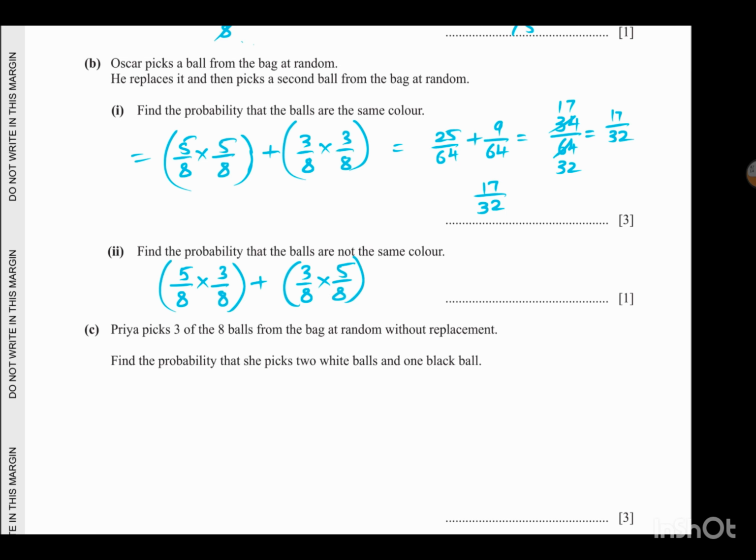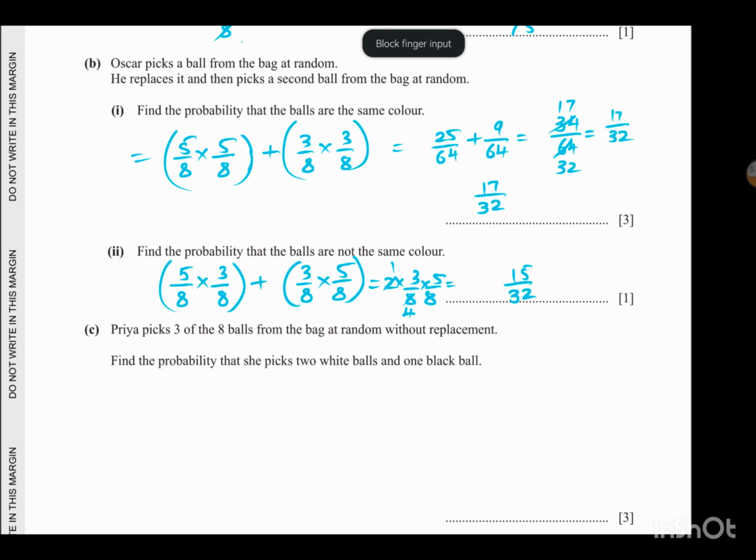Here it is white and black, and here it is black and white. So that means it is 2 into 3 by 8 into 5 by 8. So 2 times 1, 2 times 4 is 8. 4 8 is 32, 3 5 is 15. So this is 15 by 32 will be the probability. Question B2 is done.